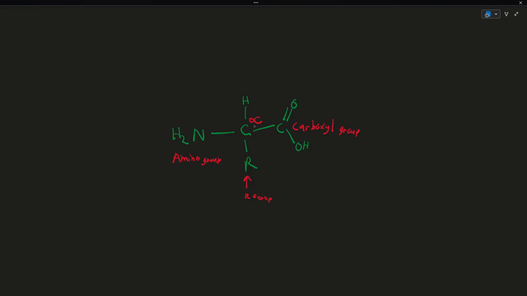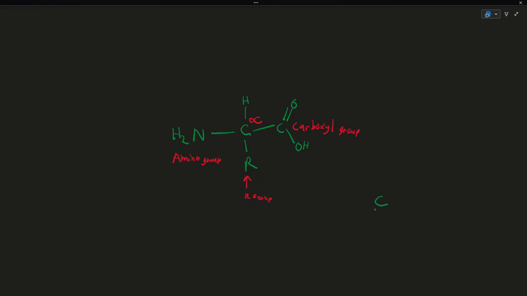And here we see that the alpha carbon is attached to a unique R group, a hydrogen, an amino group, and the carboxyl group. And so this is consistent throughout all amino acids. And this applies to the chirality of the alpha carbon, which is present in all amino acids except for glycine.